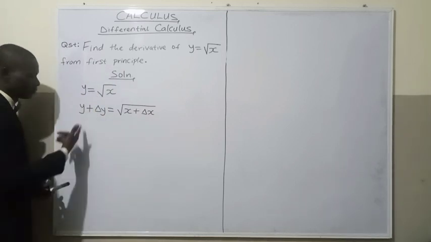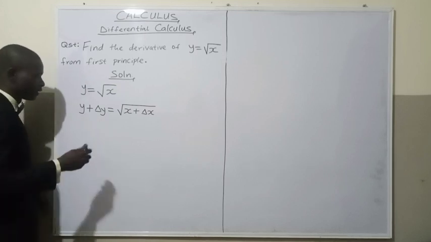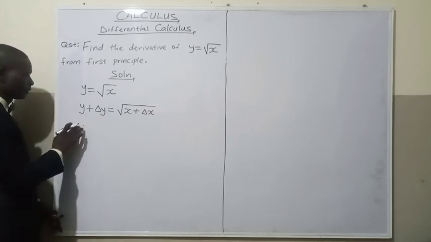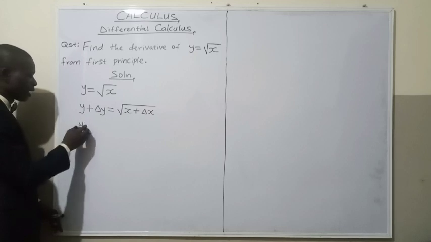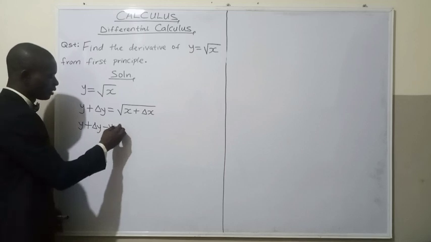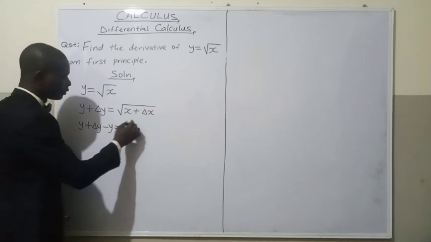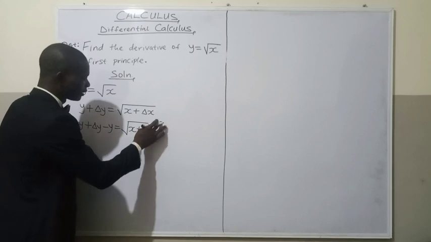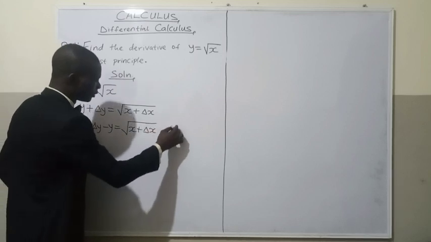Alright, so what do we do? Next is to make delta y the subject of the formula, and that's going to be y plus delta y minus y equals square root of x plus delta x, and also minus y.